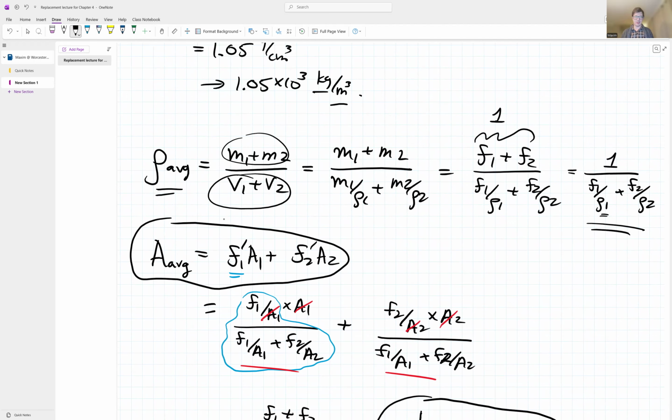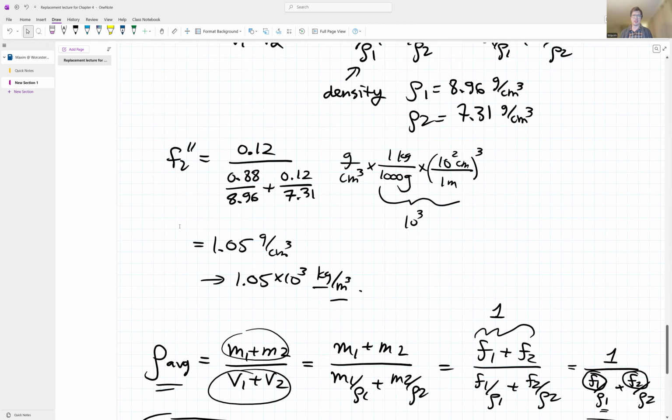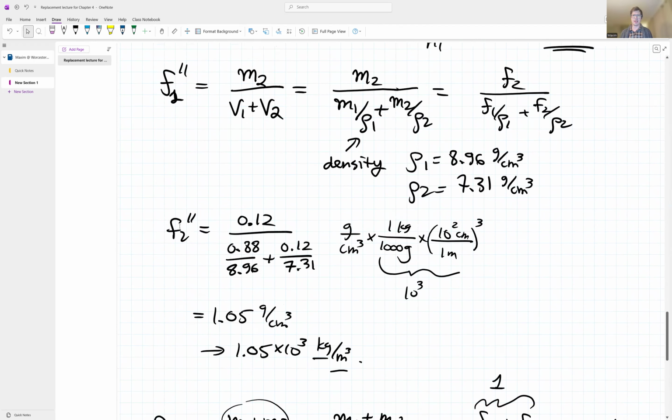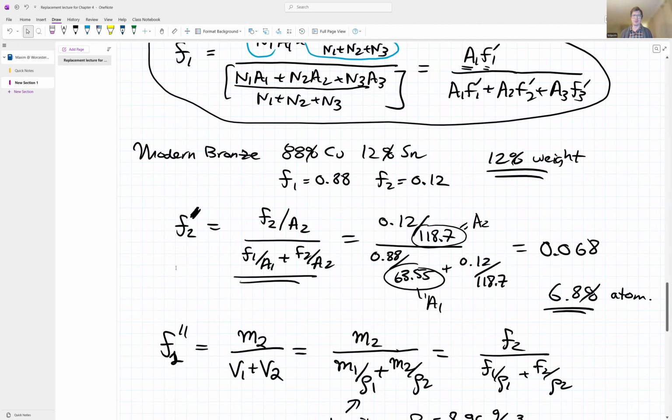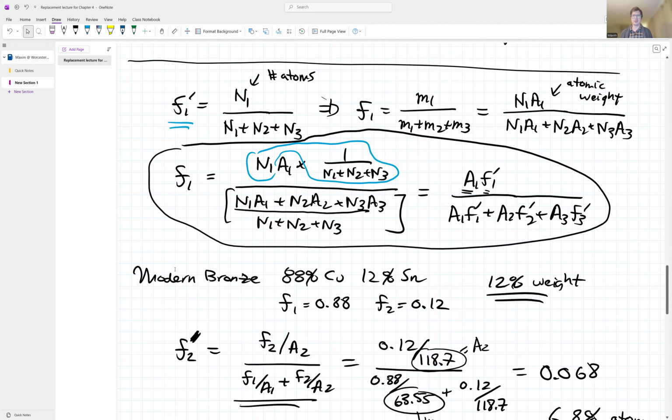Now, okay, we can also do the average rho maybe by number. If we really want, it will introduce the atomic weights. Do I want to do that? I mean, you can see what happens. You can take these F1s and these F2s and replace them with the fractions by number by using the conversion we had before, like this one.